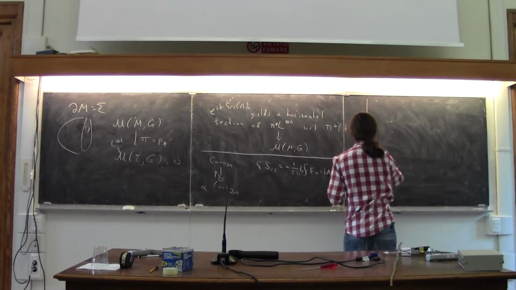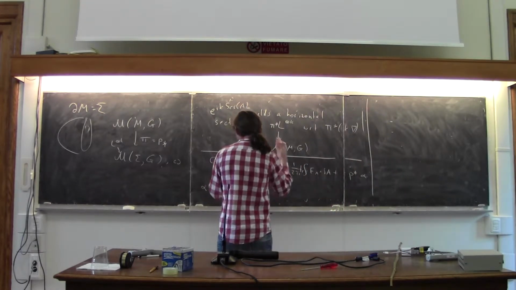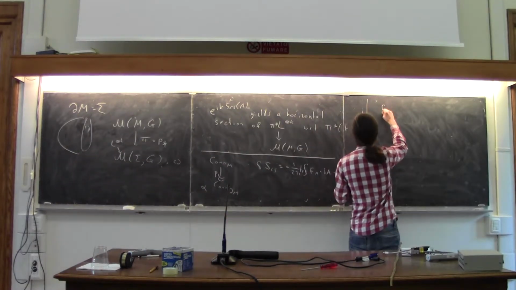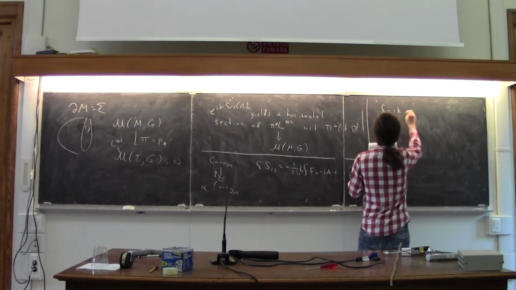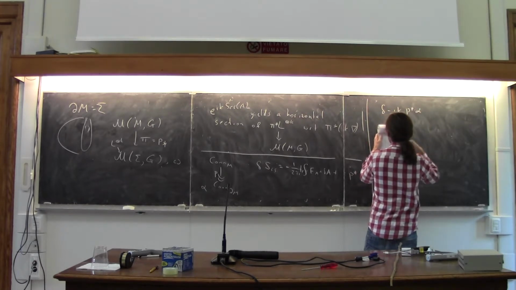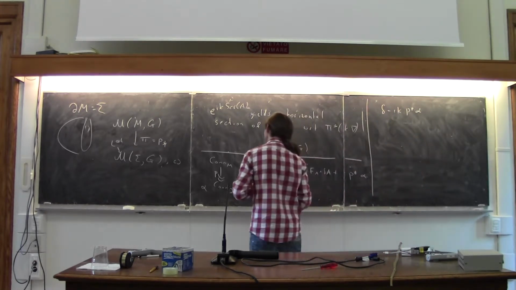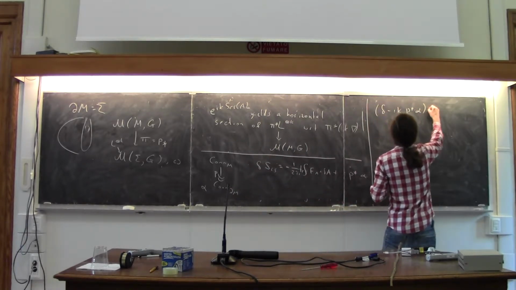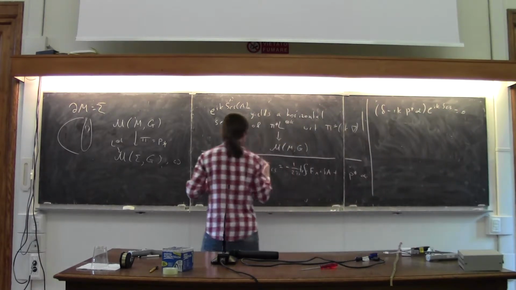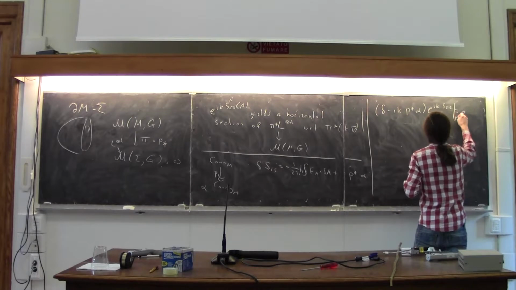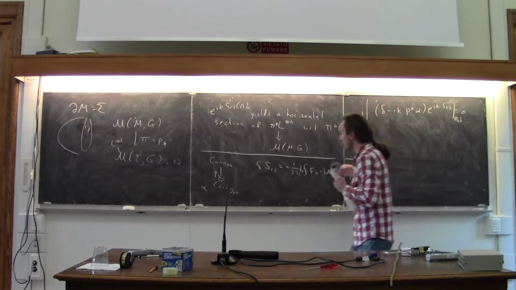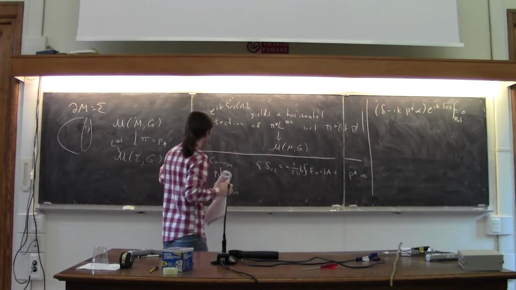If I formulate it in terms of the exponential of the Chern-Simons action, then I should write delta minus ik times the pullback of alpha applied to the exponential of the Chern-Simons action is zero. So the exponential of the Chern-Simons action is horizontal with respect to the connection on the trivial U(1) bundle with one-form given by the pullback of alpha.